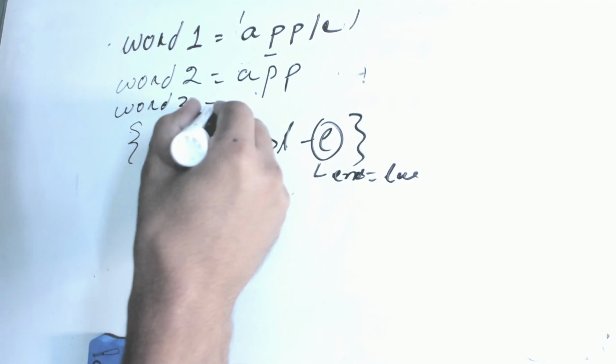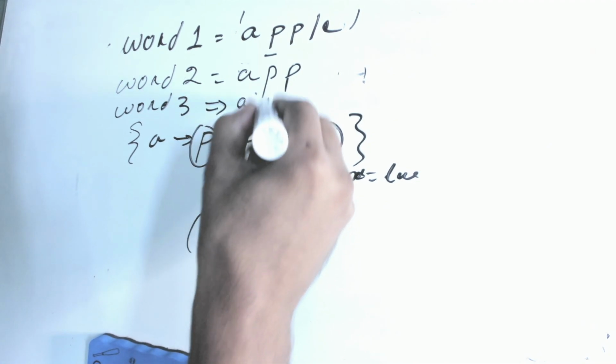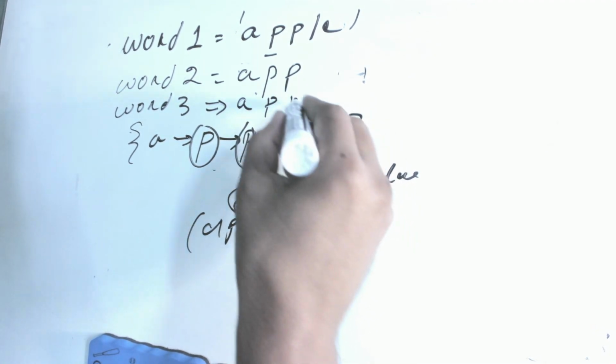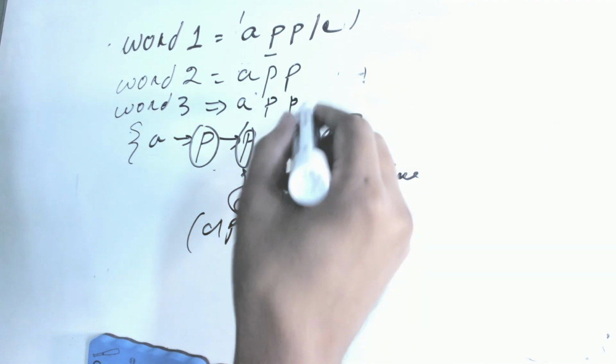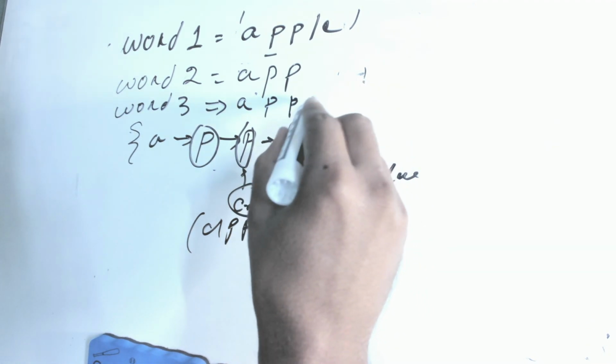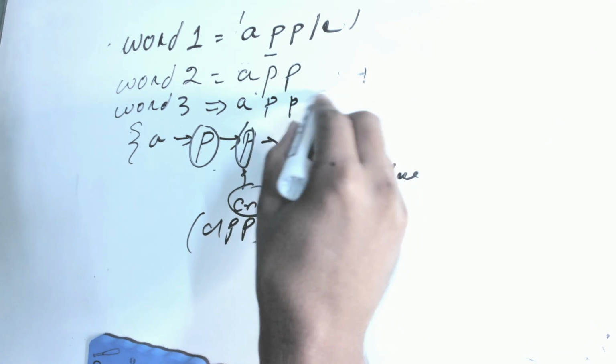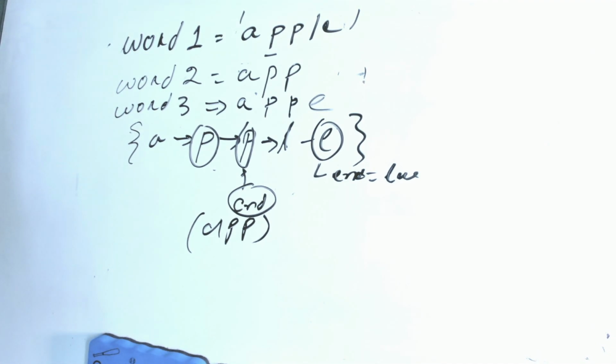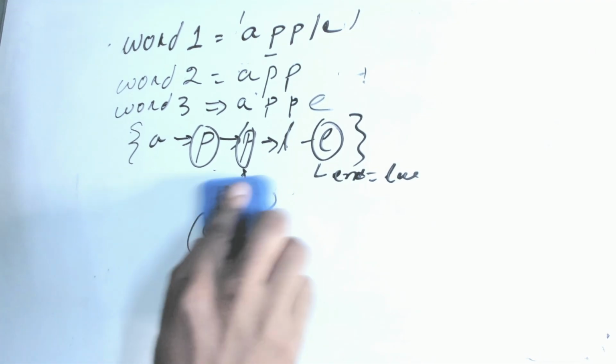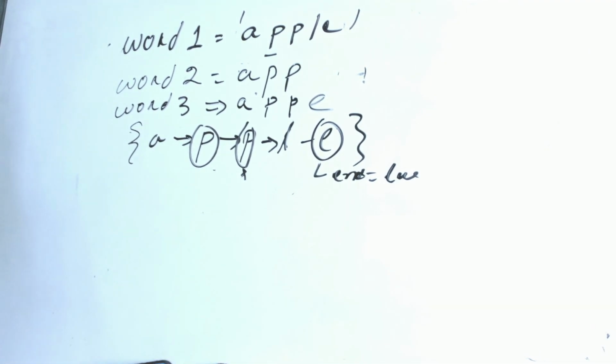Now think about another word 3 that we want to insert, maybe APPE, or something like that. So what's going to happen when we process the appe word? So this is one end and this is one end.